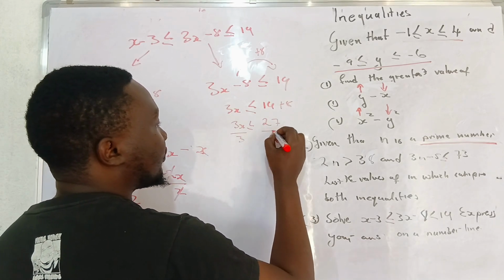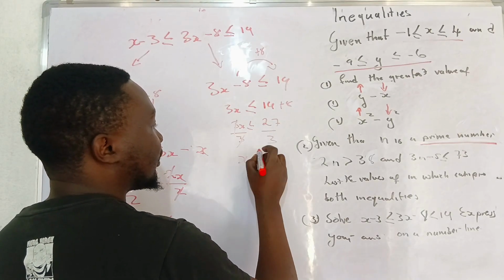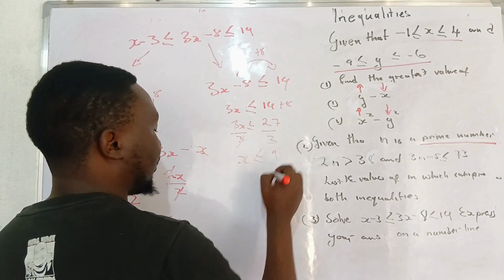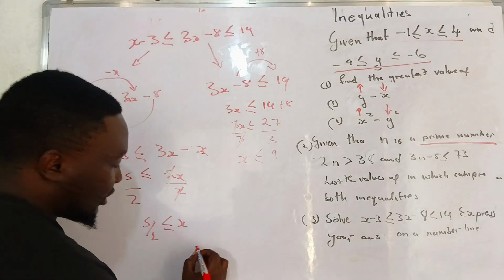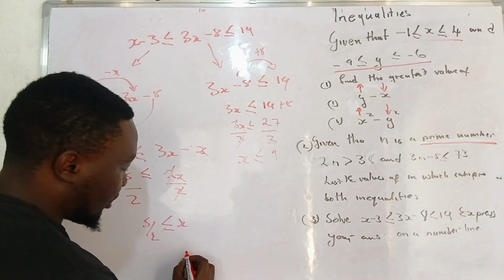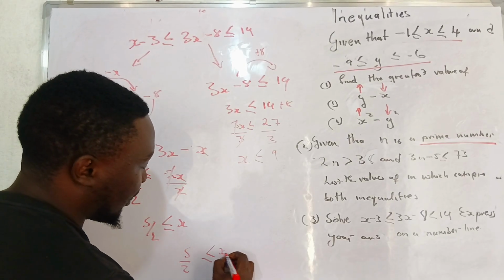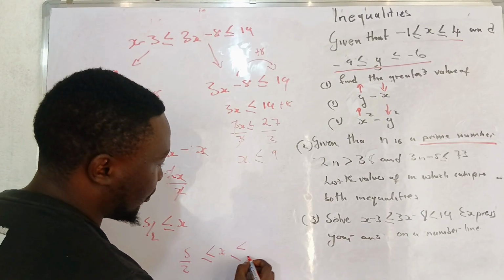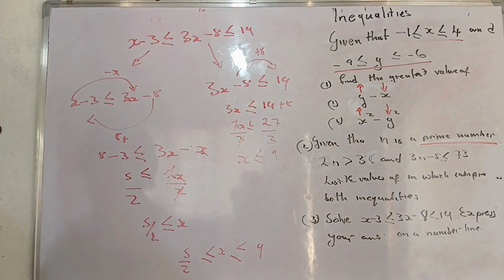Divided by 3, divided by 3, x is less than or equal to 9. So our expression becomes, in total we join it, 5 over 2 less than or equal to x, which is less than or equal to 9. That is our expression.